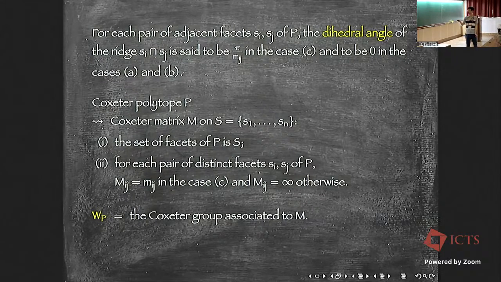I denote this by WP. So the Coxeter polytope P will induce this group WP.